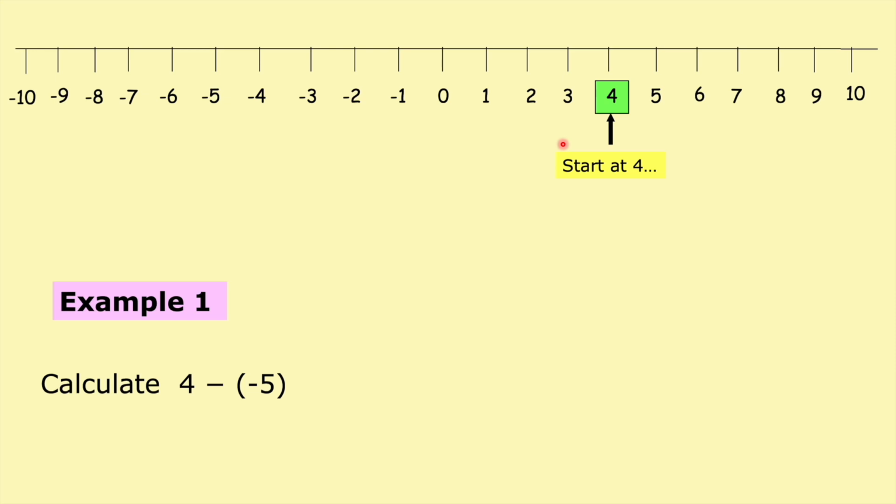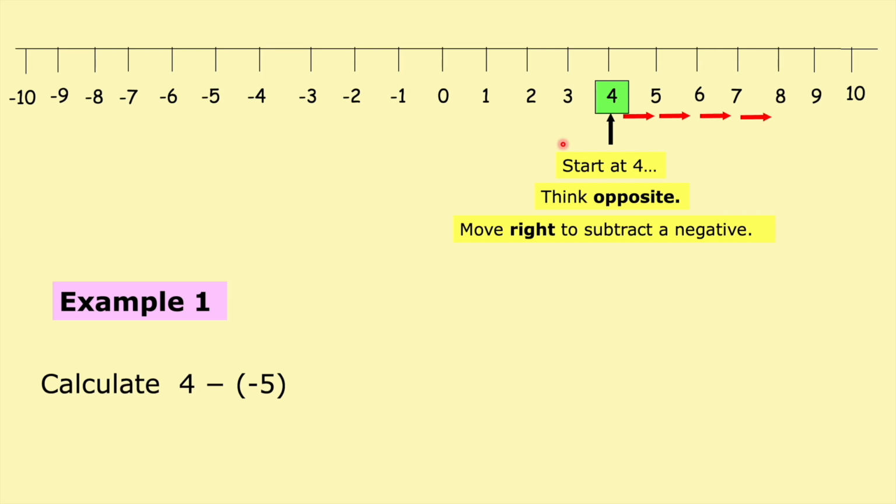So 4 subtract negative 5, and if we are subtracting a negative, rather than moving left, we need to think of the opposite, so we're going to be moving right 5 places. So move right when we are subtracting a negative. So 1, 2, 3, 4, 5, which means 4 subtract negative 5 equals 9.